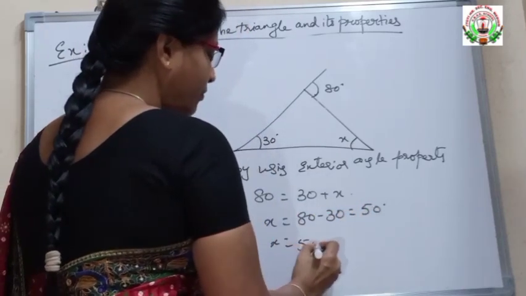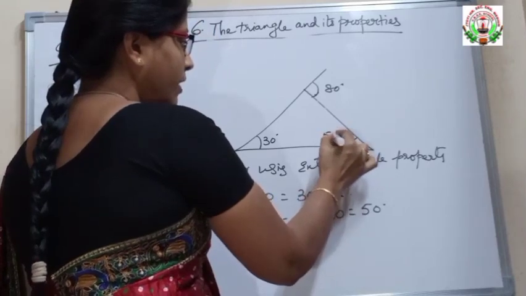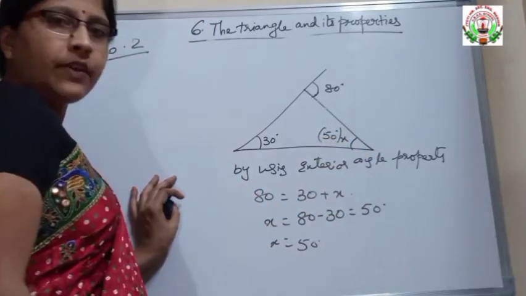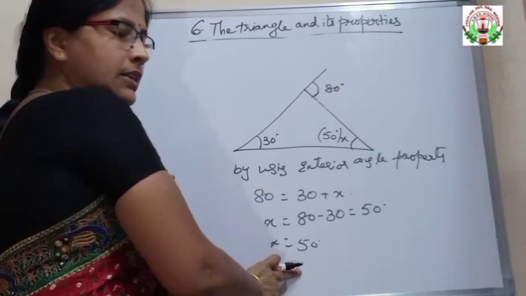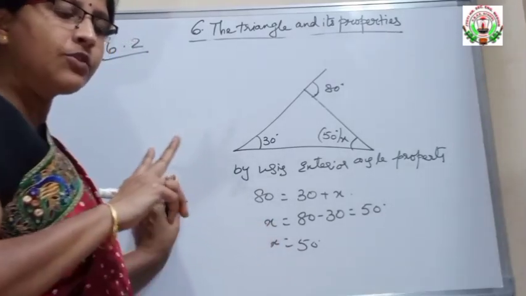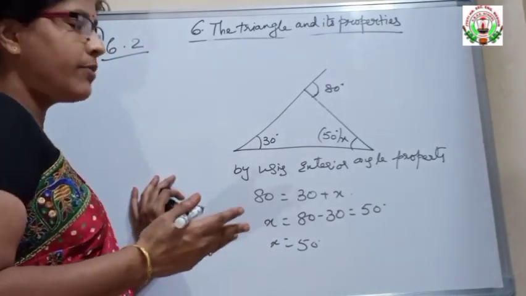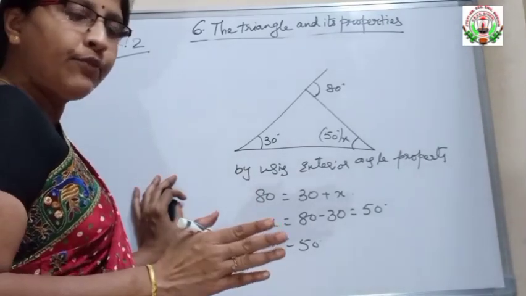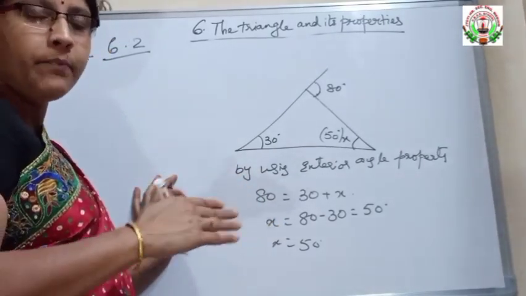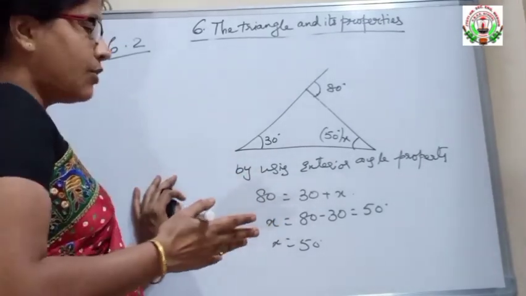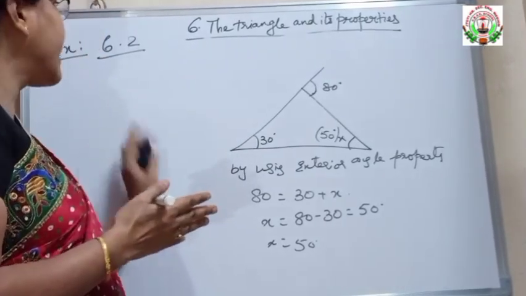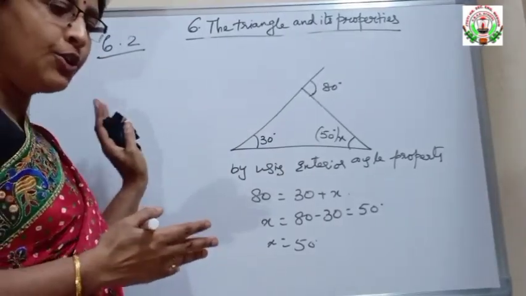So X will be 50 degrees, means this is 50 degrees. In this way we have to solve by using the exterior angle property. Try to solve the other 3 parts of this question. If you are not able to solve it, I am going to give you the PDF of the solutions. With this we have completed our exercise 6.2.